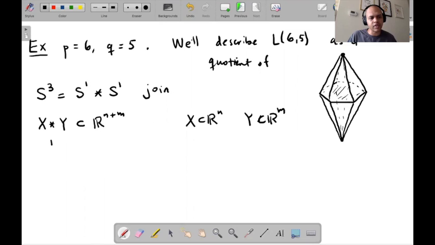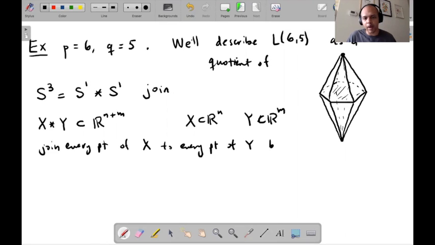The way it's defined is you join every point of X to every point of Y by a straight line segment.